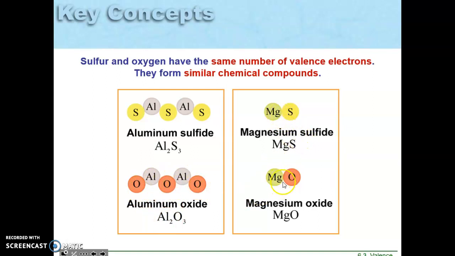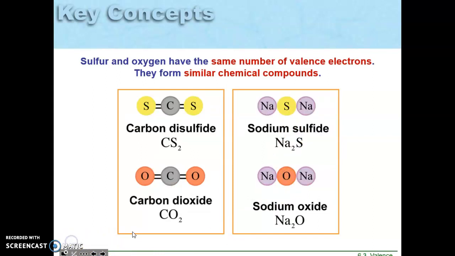It's a 1-to-1 ratio for both. If we pair them up with carbon, it's going to be a 2-to-1, so 1 carbon to 2 sulfide. Same thing with oxygen, carbon dioxide, CO2. When we pair them up with sodium, a group 1 metal, it's a 2-to-1 ratio, Na2S. Same thing with oxygen, sodium oxide, Na2O.